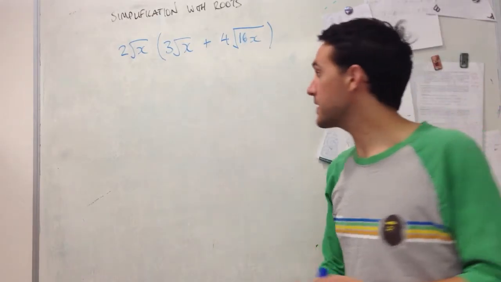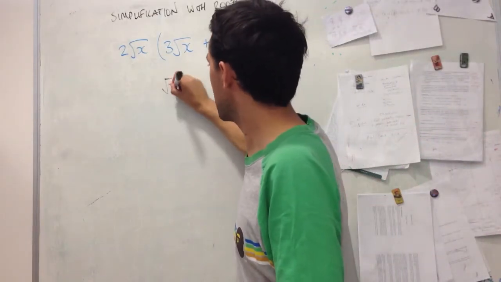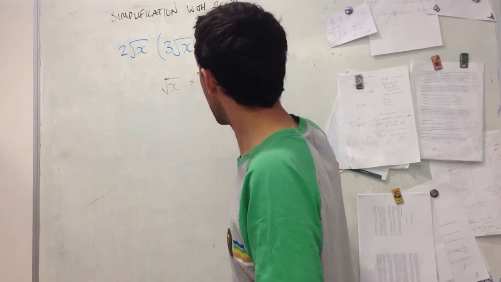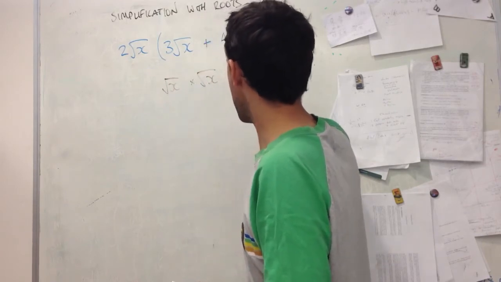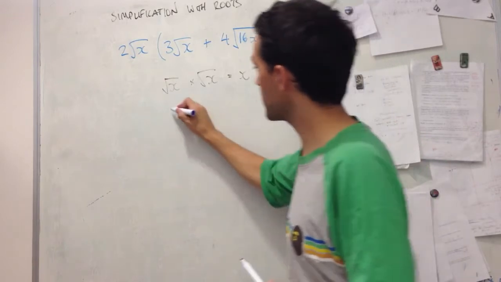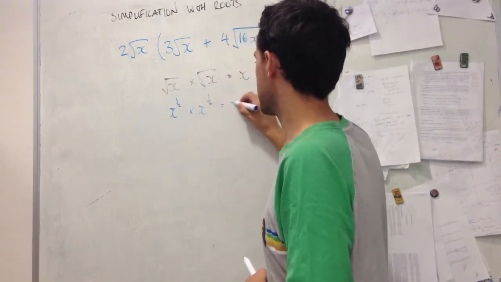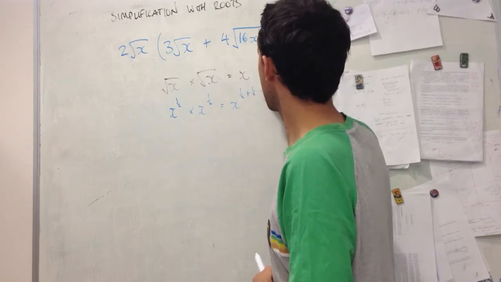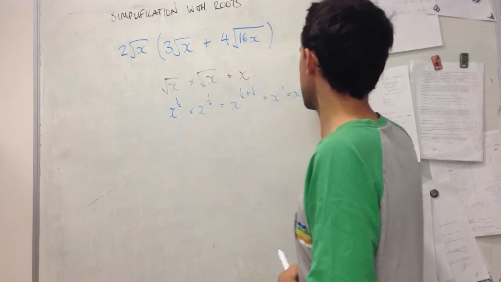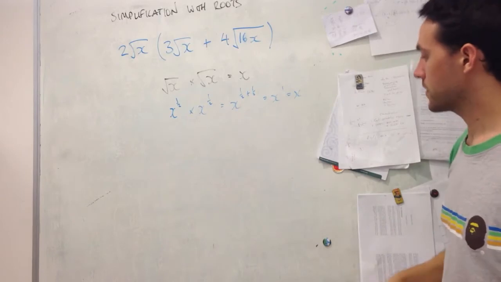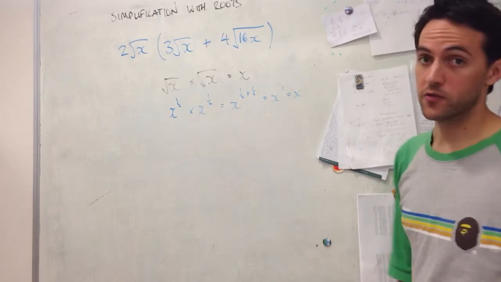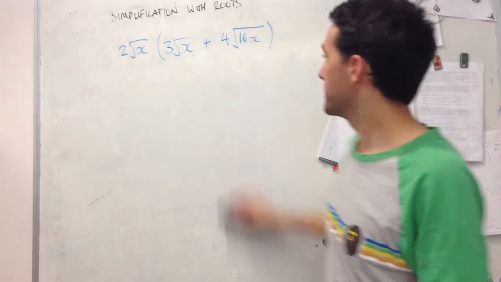And the key thing here is just to remember that root x times root x is equal to x. This is because x to the half times x to the half means x to the half plus a half, which clearly is x to the 1, equals x. So we can remember that simplification when we work through this problem.